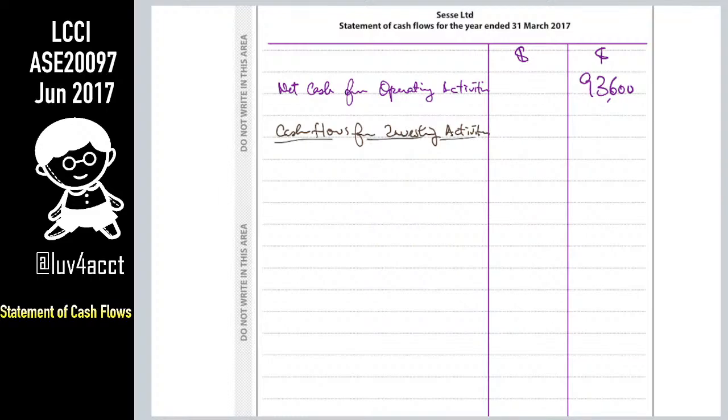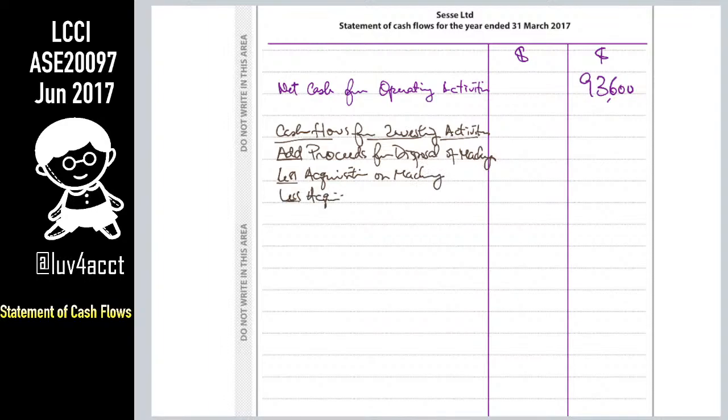That would be add proceeds from disposal of machinery, and then less acquisition of machinery, less acquisition of land and buildings.